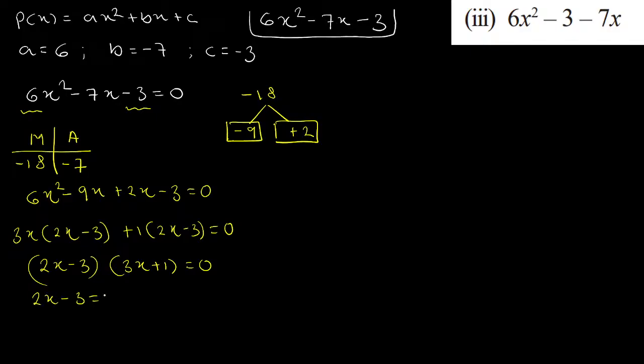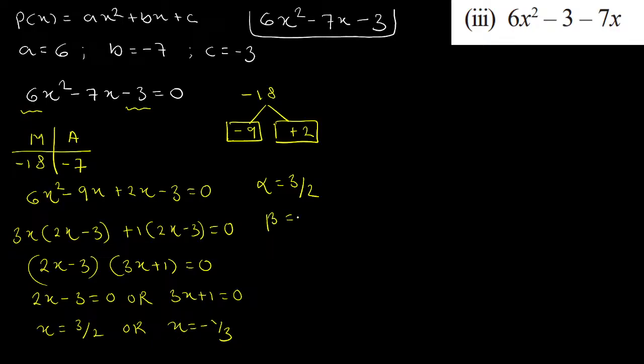So 2x minus 3 is equal to 0, or 3x plus 1 is equal to 0. From here we'll get x equal to 3 by 2, or x equal to minus 1 by 3. So what are the values of alpha and beta? Alpha is equal to 3 by 2 and beta is equal to minus 1 by 3.